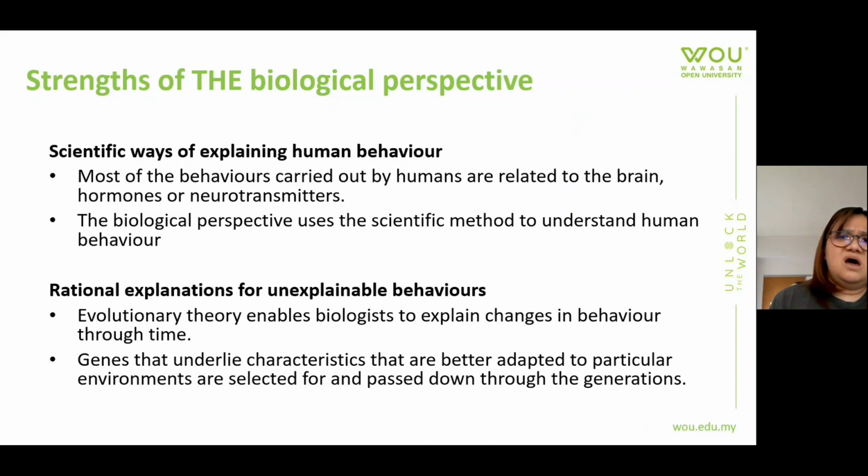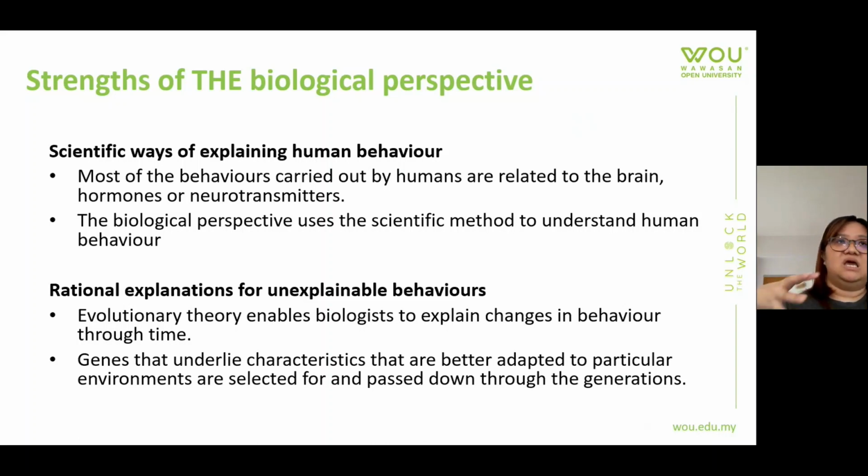So what are the strengths, and why should we consider the biological perspective when we study psychology? The very first one: the way they conduct the experiments and the research, the methods are quite scientific and systematic.